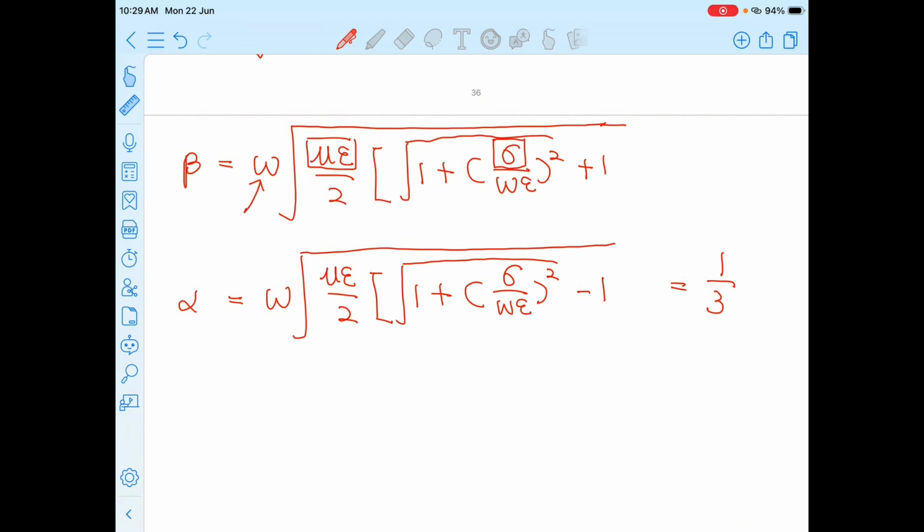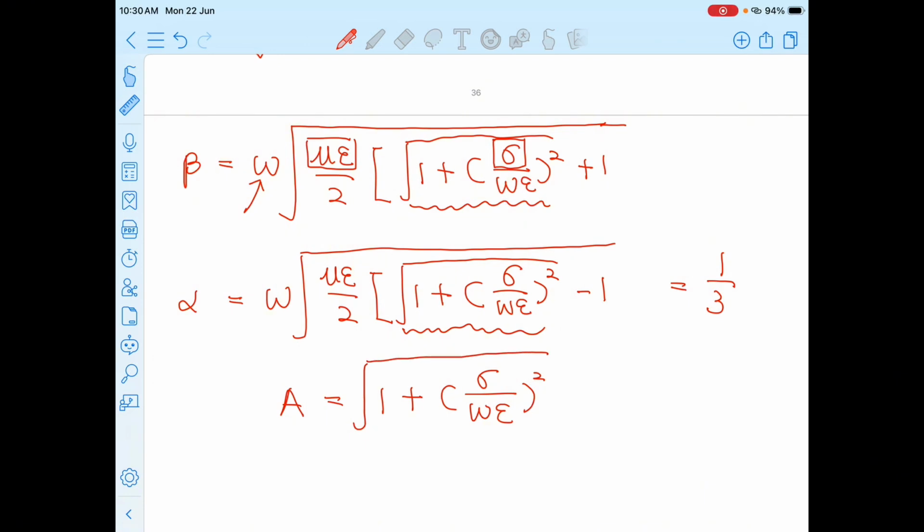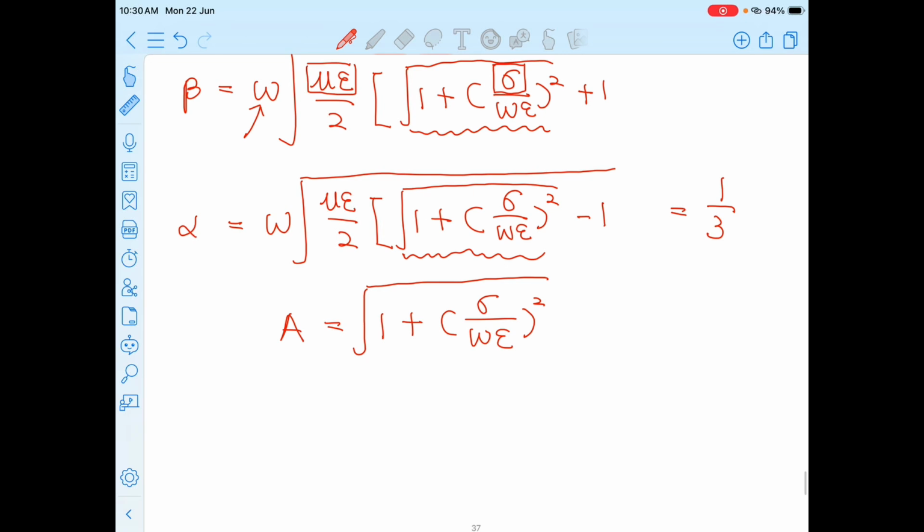You can compare these two equations, and make use of the relationship to find the beta. How do we do it? Imagine I create another variable, a, representing the square root of 1 plus sigma over omega epsilon, squared. I just create another variable because I want to make my calculation easier.